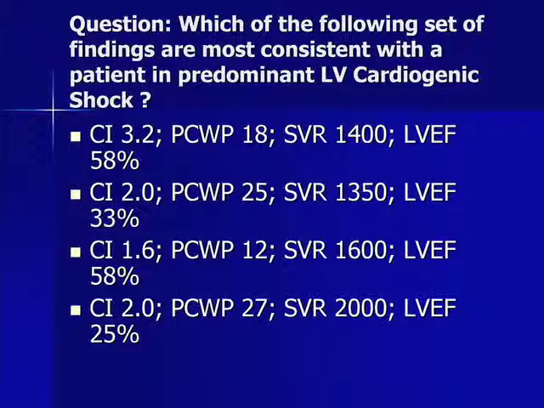A cardiac index of 2, a pulmonary capillary wedge of about 25, an SVR of 1350, and an ejection fraction of about 33%. A cardiac index of 1.6 with a wedge of 12 and an SVR of 1600, preserved ejection fraction. And the last one, a cardiac index of 2, a wedge of 27, SVR of 2000, and an LVEF of 25%.